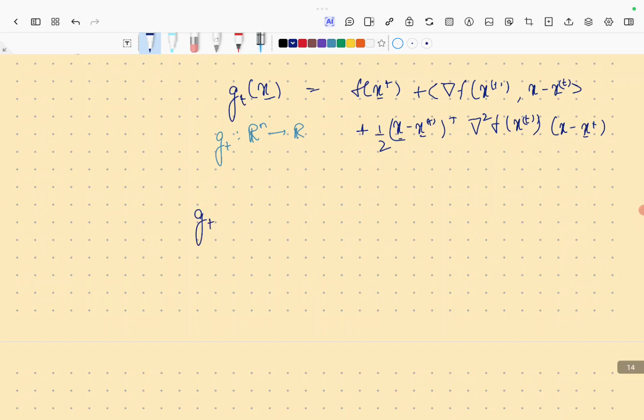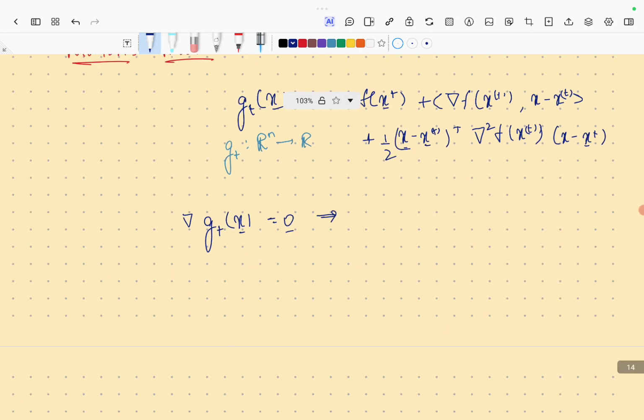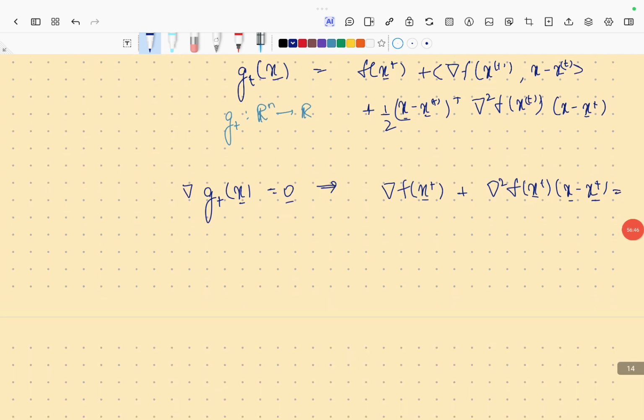So we set the gradient of gt of x to be equal to 0, which is the same as saying that the gradient of f at xt plus the Hessian of f at xt times x minus xt is equal to 0.